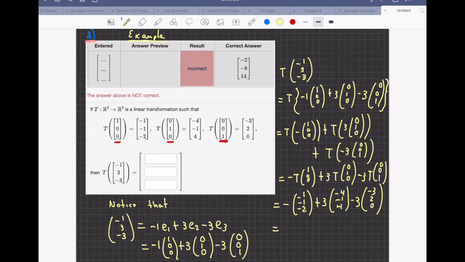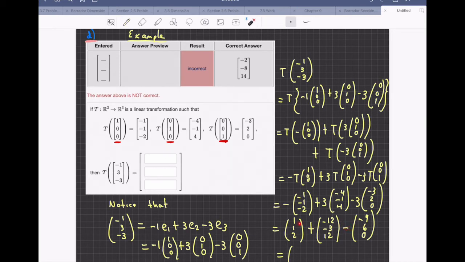And this becomes 1, 1, 2, plus -12, -3, 12, minus -9, 6, and 0. And finally, only add them. Just be careful with this negative sign that I left there.